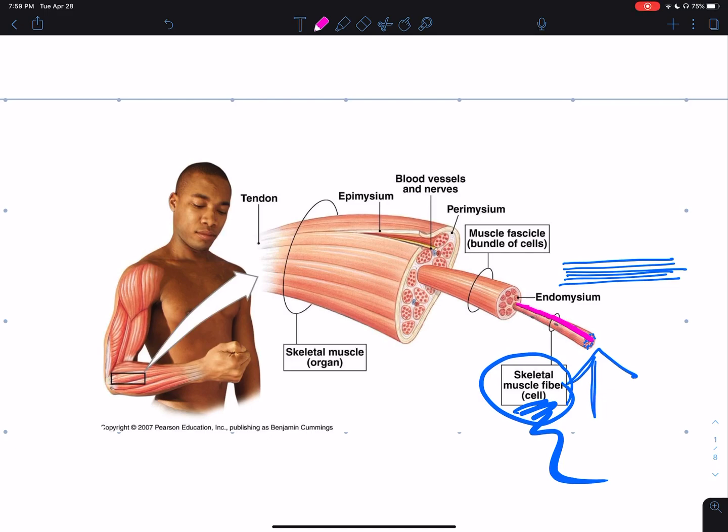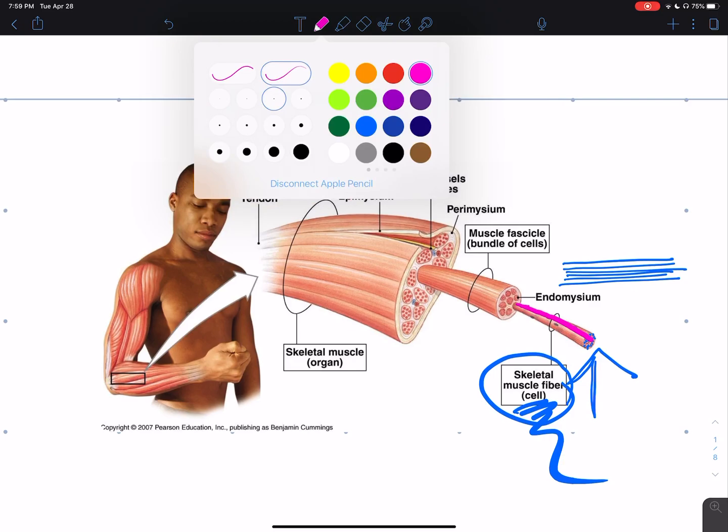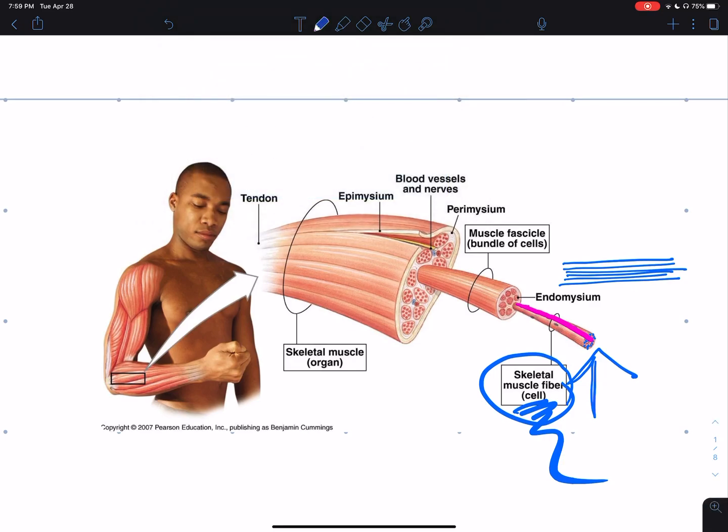So when I cut it in half, I'm going to end up having these stripes that I can see. And in those stripes, well, we don't always cut it exactly straight. So sometimes it looks like these stripes don't really match up very well.